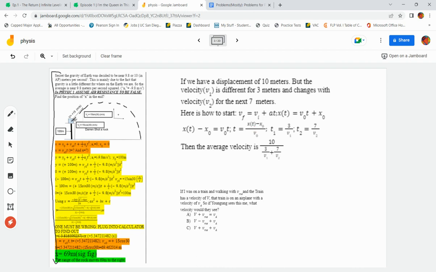And over here I want to say v1 equals 3 meters per second, v2 equals 5 meters per second. As you can see, if you're given two velocities and told the different distances like this, sorry, that's not right. So 10 meters here, 10 meters from A to B. And 3 meters over here.